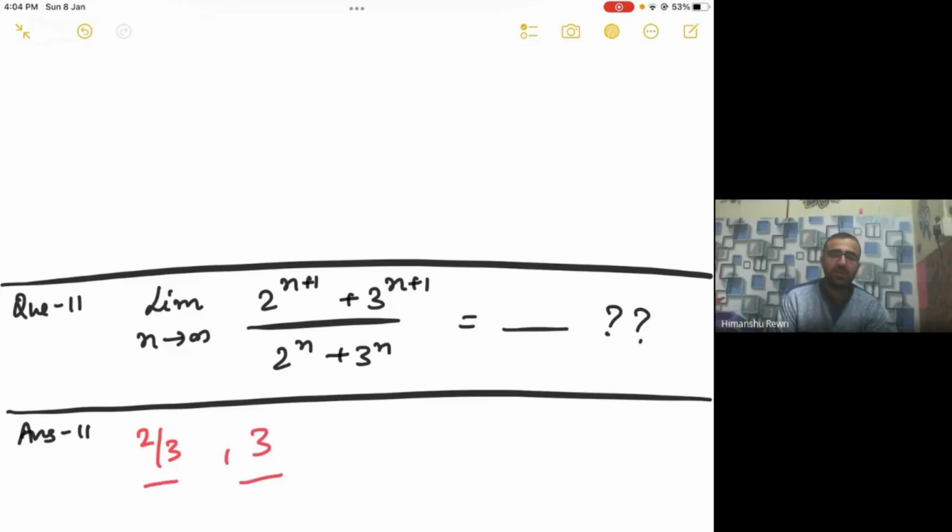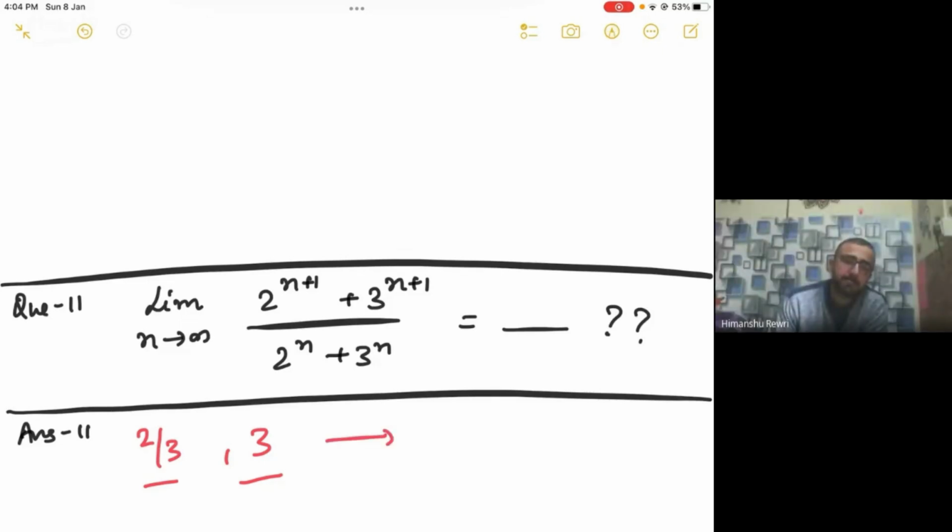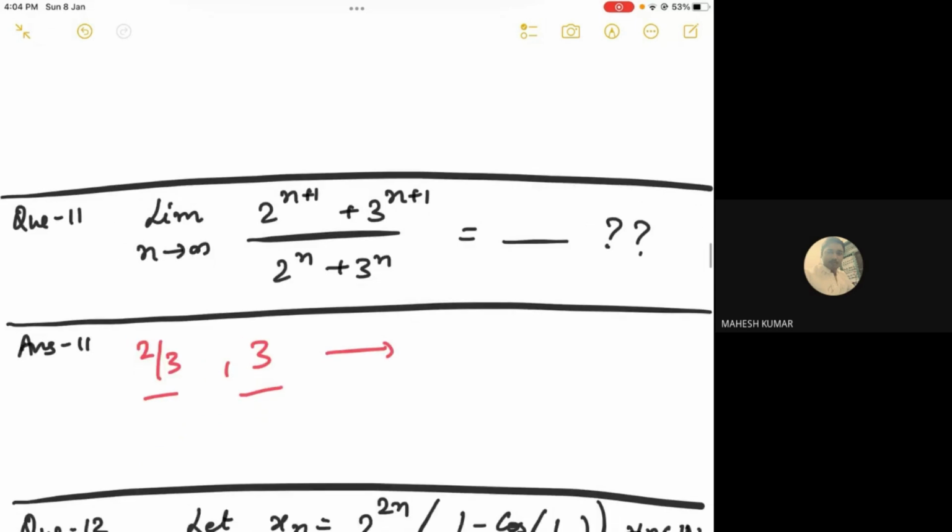Why? If you divide 3 power n into the numerator and denominator part, how will you do it? Divide 3 to the power n into the upper and lower part. Yes.